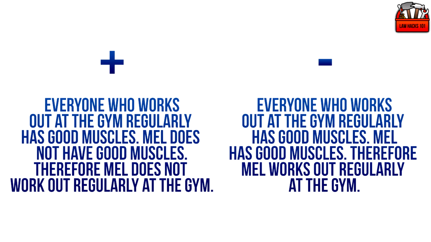Can we, on the other hand, imagine that if it is true that everyone who works out regularly at the gym has good muscles, and that Mel has good muscles, it is false that Mel works out regularly at the gym? Yes, we can imagine that. We can imagine that the reasons are true and the conclusion is false, because maybe it's true that everyone who works out at the gym has good muscles, and Mel has good muscles because she's a rock climber, or a ballet dancer, or just a mother who has to lift a large toddler and multiple bags of shopping around regularly up and down a long flight of stairs.